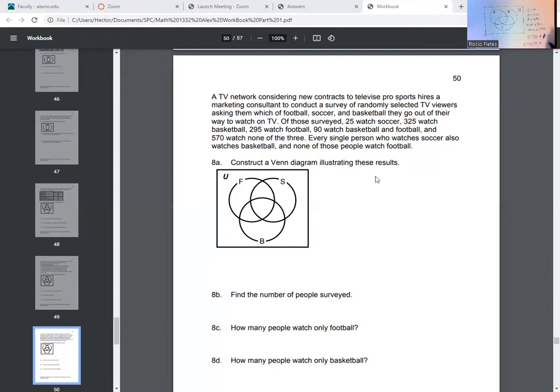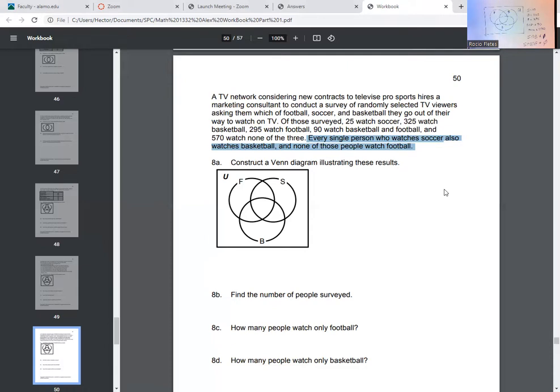So then that means that there's no overlap between the three. Make sure you understand that. This sentence is kind of confusing because the last sentence says, every single person who watches soccer also watches basketball. That tells me that the overlap between soccer and basketball has some people there. It's not the empty set.